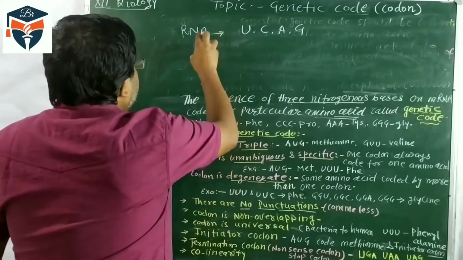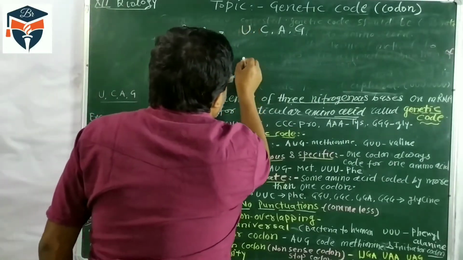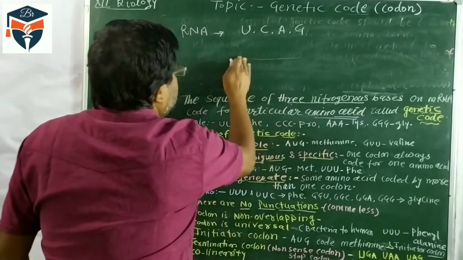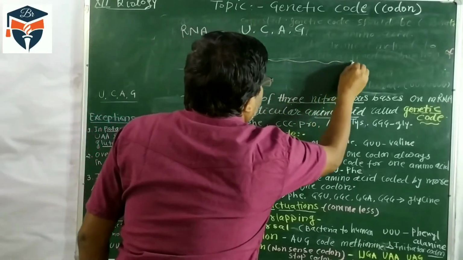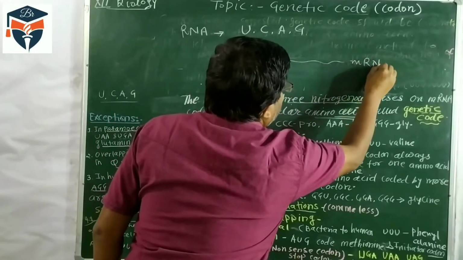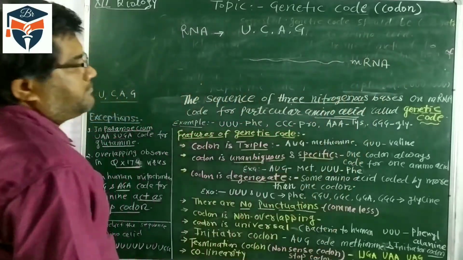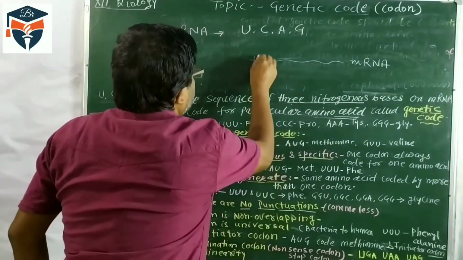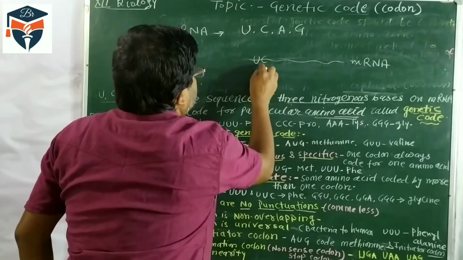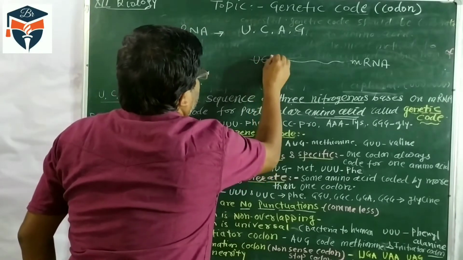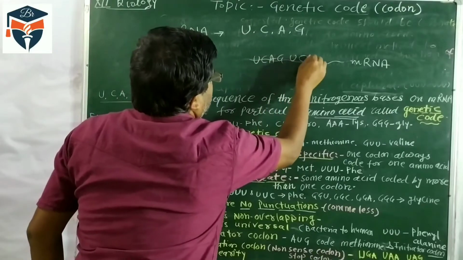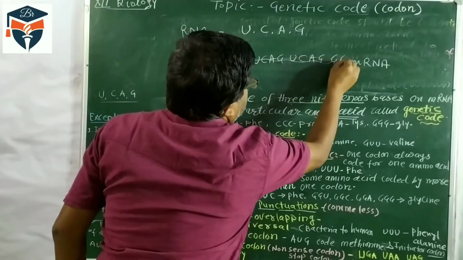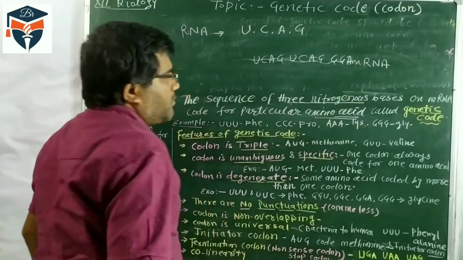Now these nitrogenous bases arrange on the mRNA molecule. So the sequence of these nitrogenous bases, I am arranging C, U, C, A, G, U, C, A, G, G, G, A. This type of codon I am writing.